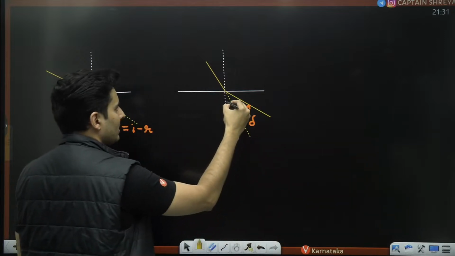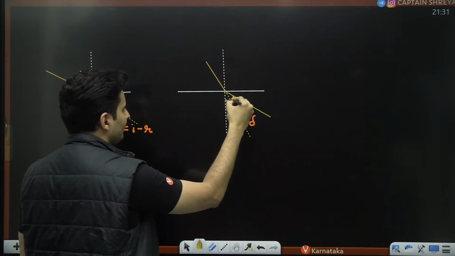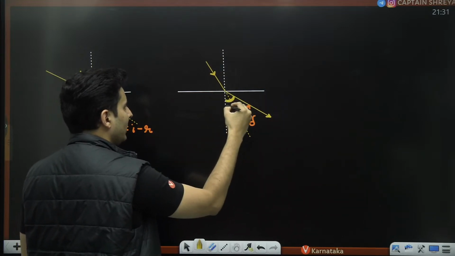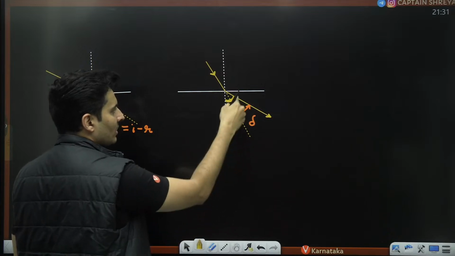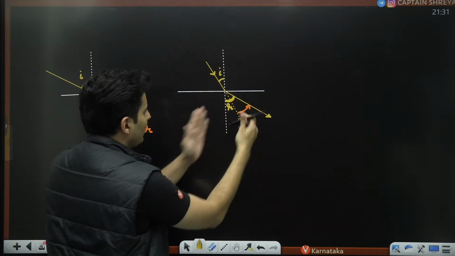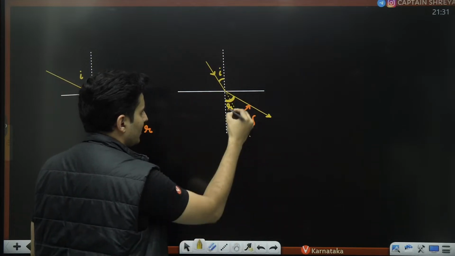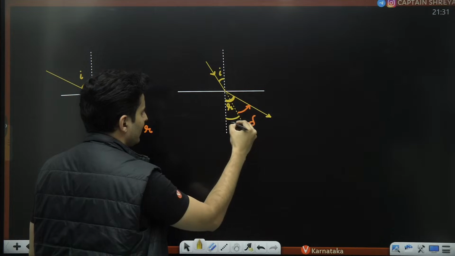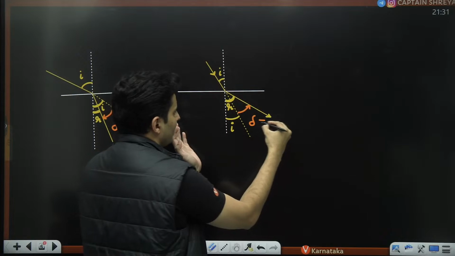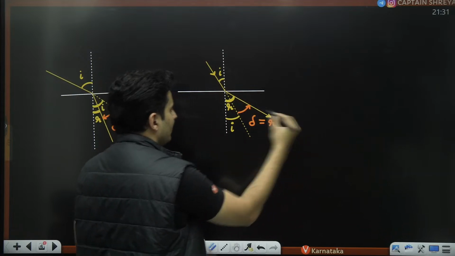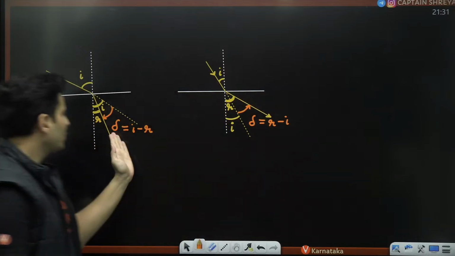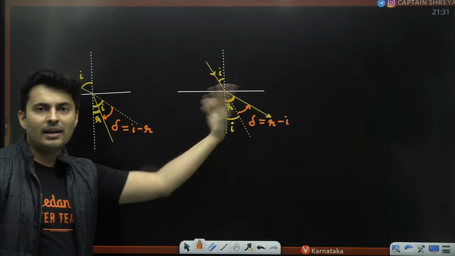This whole thing is the angle of refraction and this was the angle of incidence, so the opposite angle is this much. So delta is this whole angle r minus the remaining angle i. So deviation is either i minus r or r minus i.